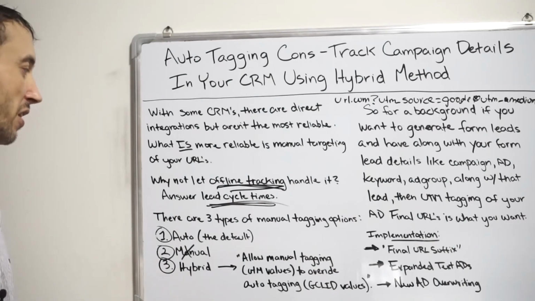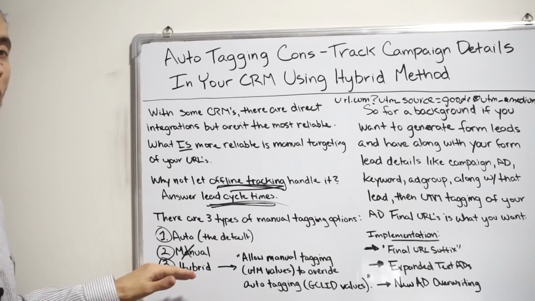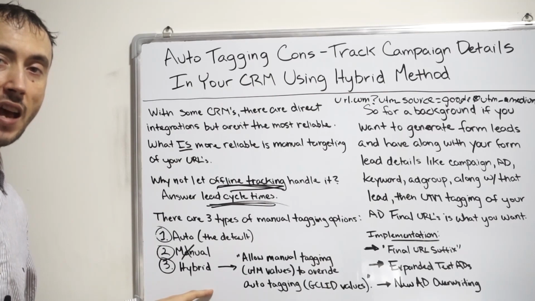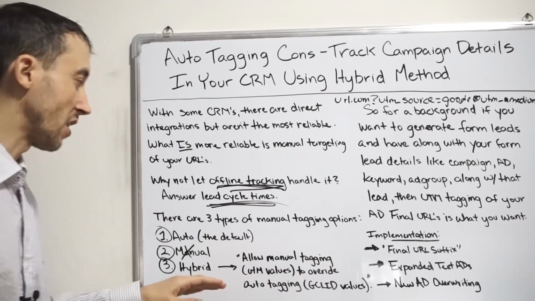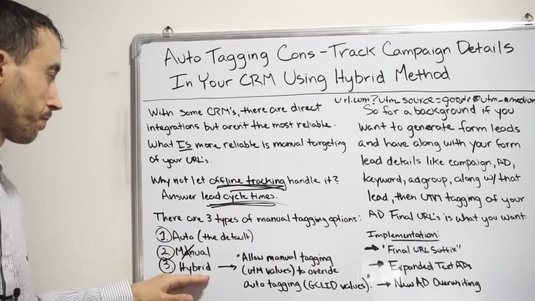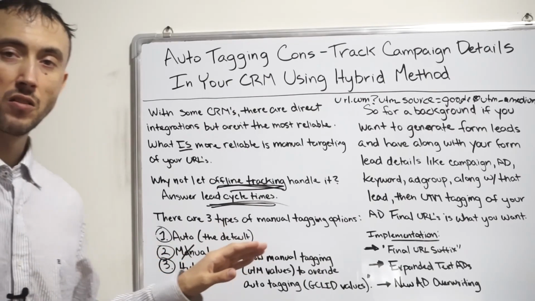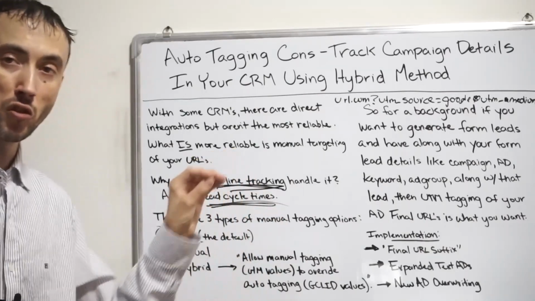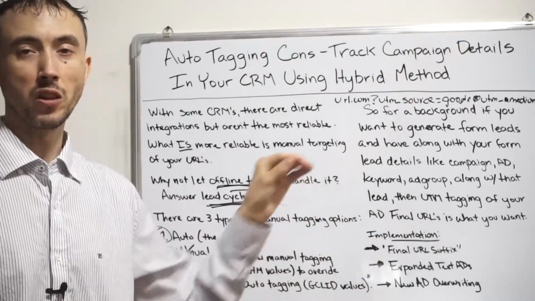So in summary here, inside of your ad menu, you have to add at the end of your ad final URL your UTM tags, so that the information shows up in the URL when the user clicks on your ad.